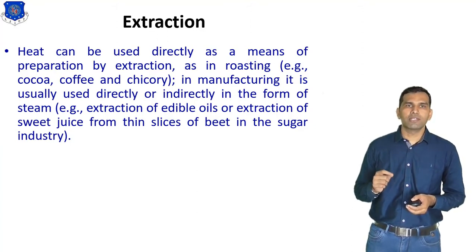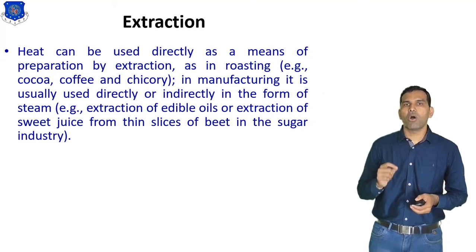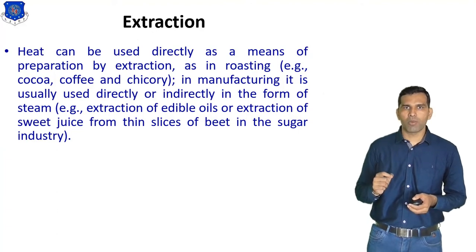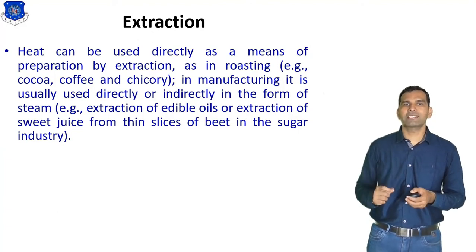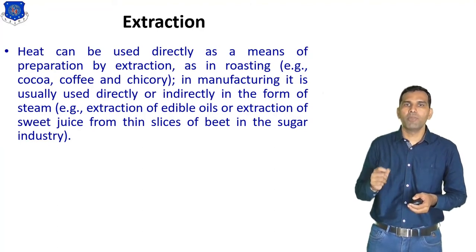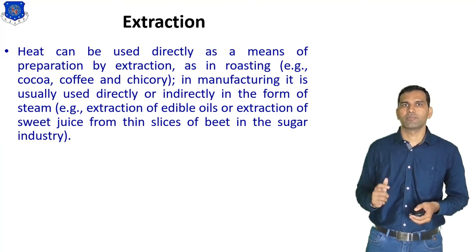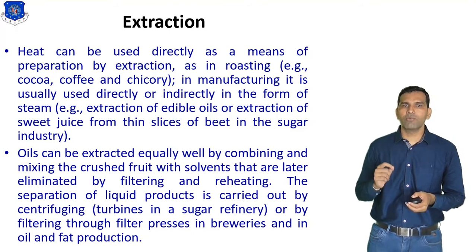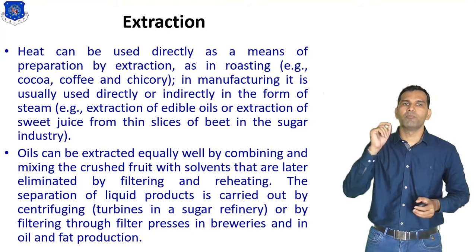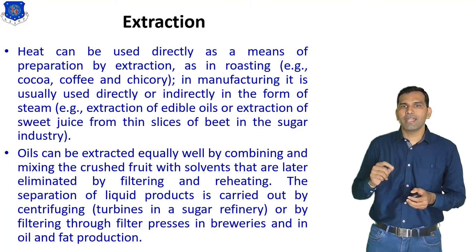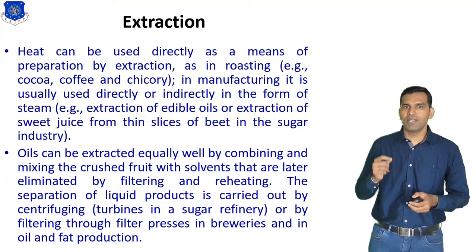In manufacturing, heat is usually used directly or indirectly in the form of steam, like the extraction of edible oils or the extraction of sweet juice from thin slices of beet in the sugar industry. Oil can be extracted equally well by mixing the crushed fruit with solvents that are later eliminated by filtering and reheating.